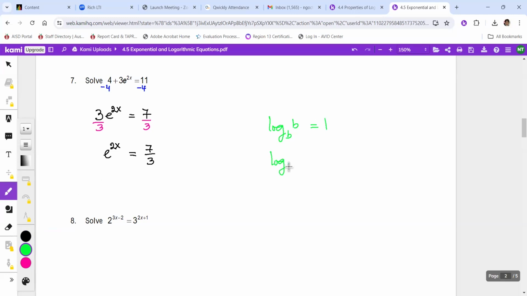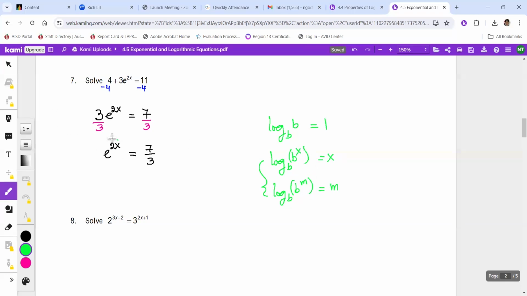Log base b of b to the x gives us x. Or I can say log base b of b to the m gives us m. These two are exactly the same. I'm just writing my exponent as x and m.